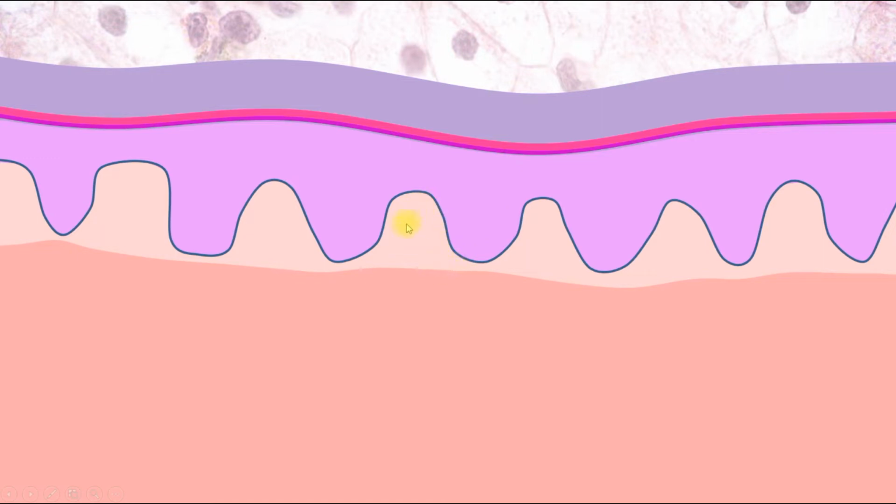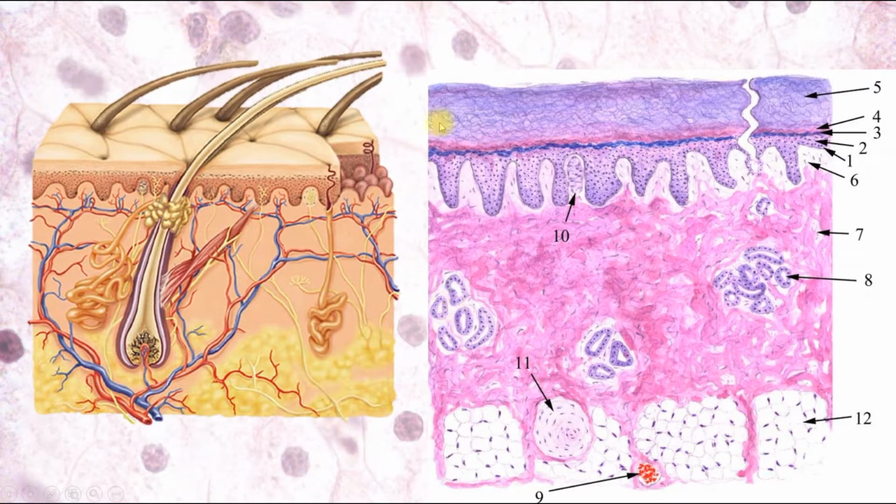And here we can see that papillary dermis, the outer layer of dermis, forms papillae, and that's why this border between epidermis and dermis is wavy. It's a wavy line, and it's the border between epithelium and underlying connective tissue. Here we can see epidermis, dermis and hypodermis.